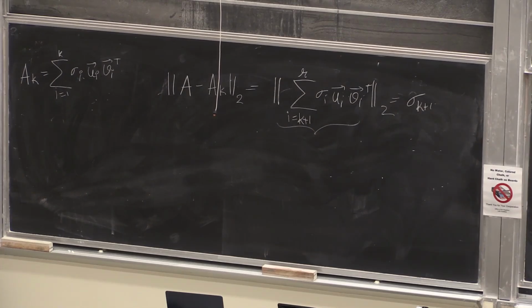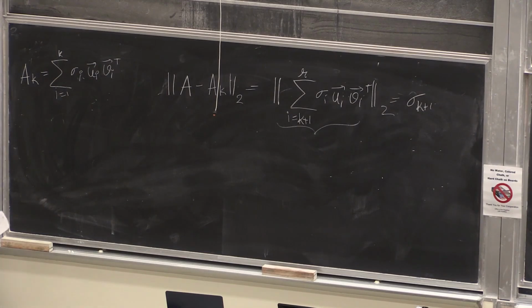I find something that's my best guess of what the optimizer is, and then I say nothing can be better, right? So now what I need to prove that AK is truly the answer is I need to prove nothing else is better, right? We've done this technique a few times in class.